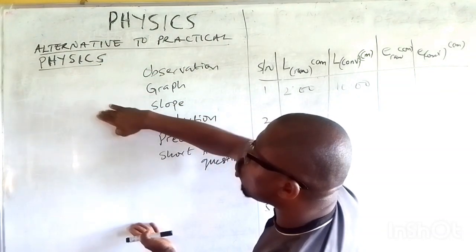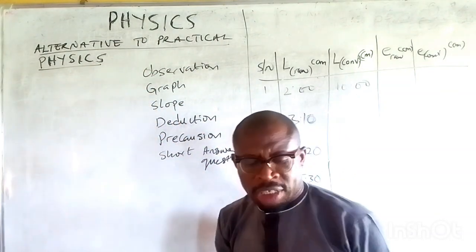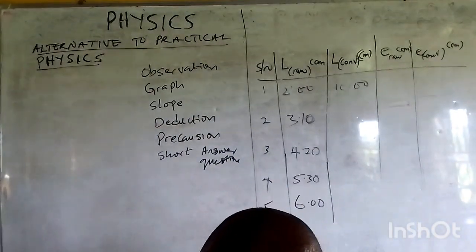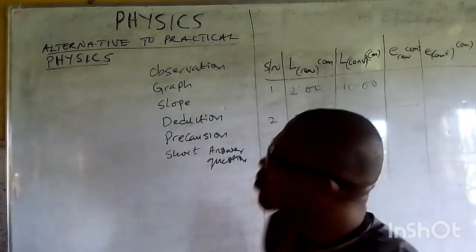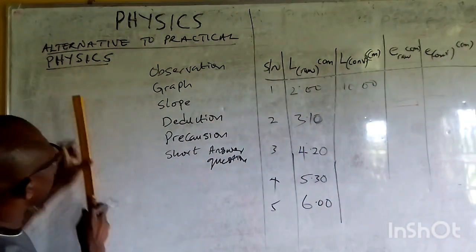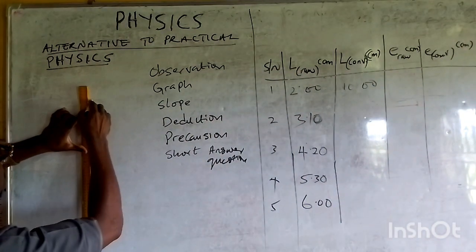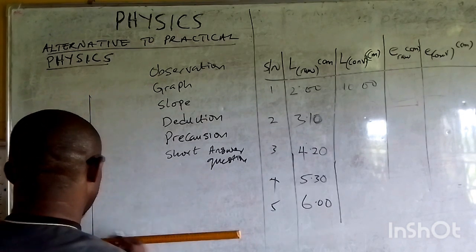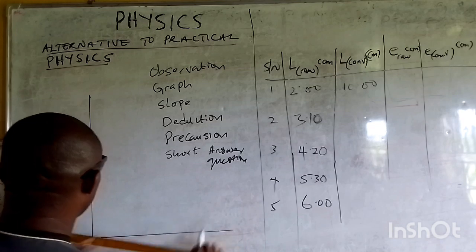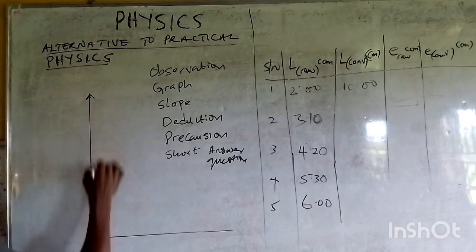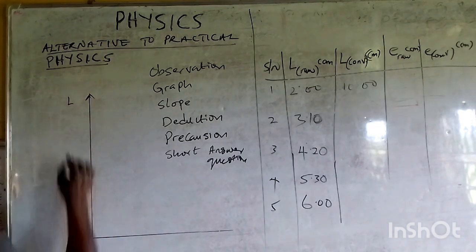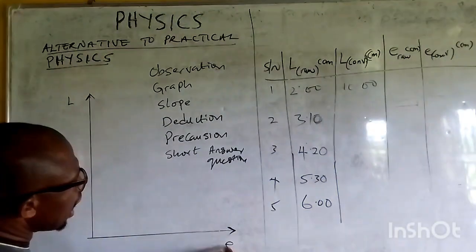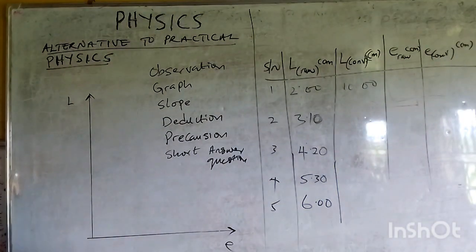And of course, you don't just leave your scale hanging. For example, if I have a graph like this, let's say I am plotting a graph of L against extension, length against extension.